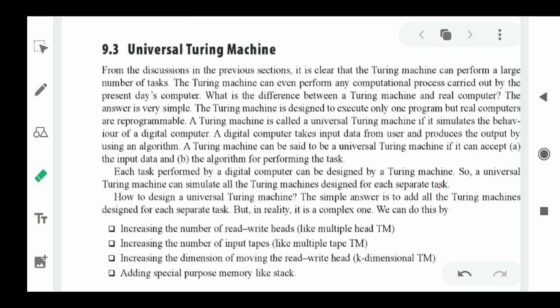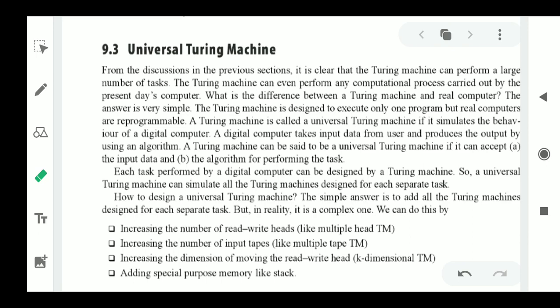What does our digital computer do? We have compared our universal Turing machine with our digital computer, right? Our computer will take the input, process that input, and finally give output to the user. Similarly, a universal Turing machine will also do the same thing. There is no difference between a computer and a universal Turing machine.